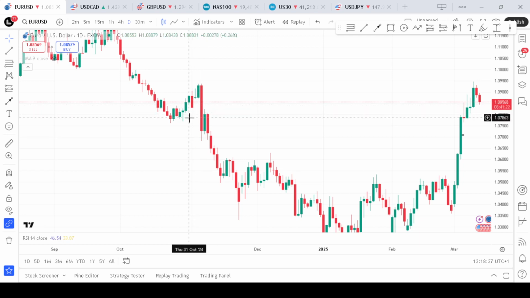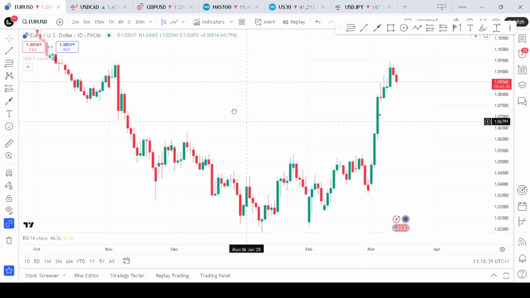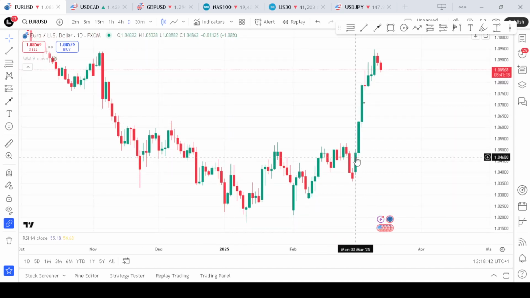Similarly, a bullish engulfing, which consists of a large bullish candle following a small bearish candle, signifies a strong bullish momentum or a strong upward move.